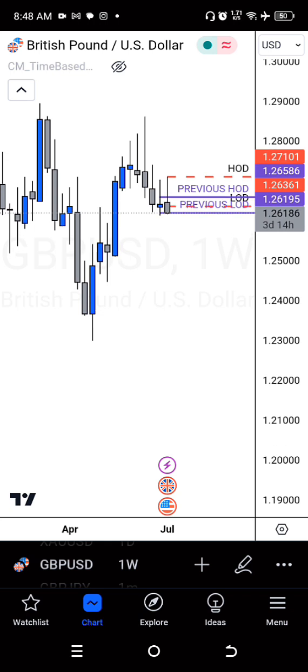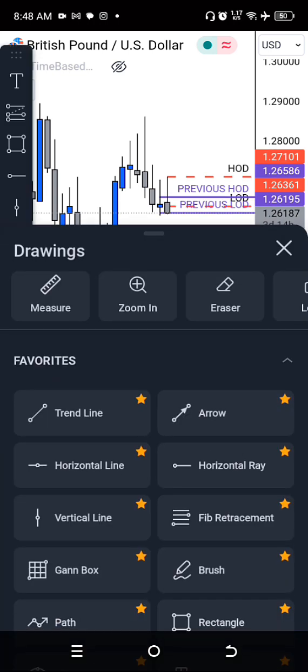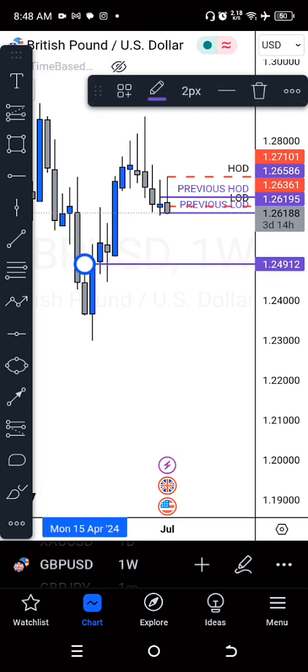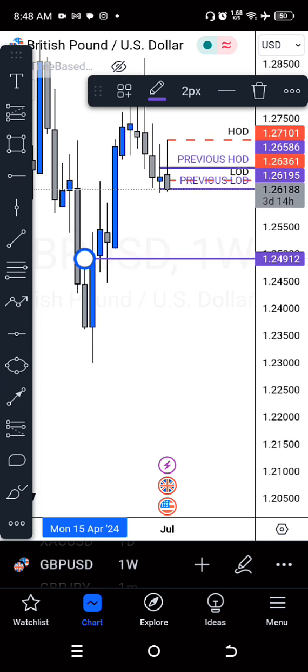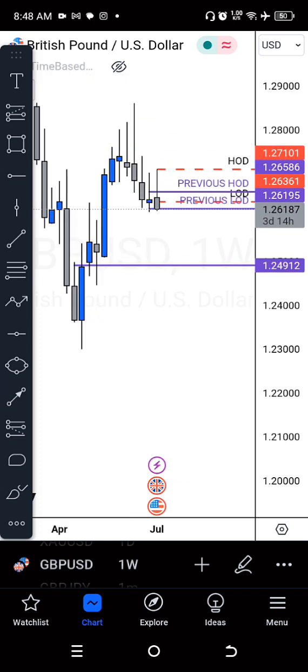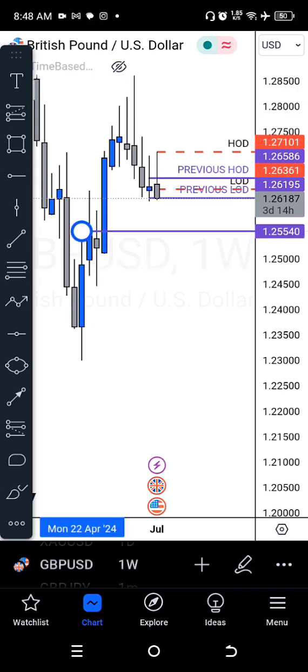For example, this candle here is the last bearish candle before this bullish candle. So I want to mark it. And another rule is I'll make sure that the candle has not been touched, has not been used.